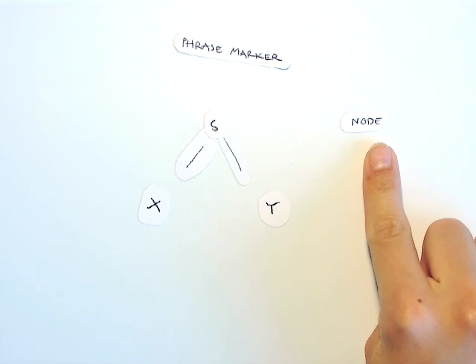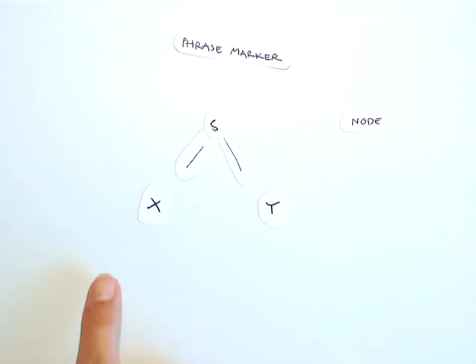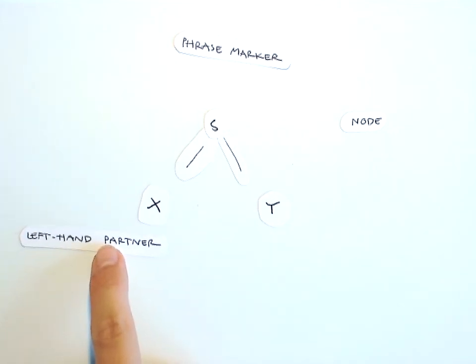A node is a part in a phrase marker that other constituents can branch off from. The constituents that branch off from the dominating node are partners on the same level in the hierarchy. In order to indicate their position, we can say that a constituent is the left-hand partner of the other constituent on the same level. Seems a bit complicated, but actually it isn't.